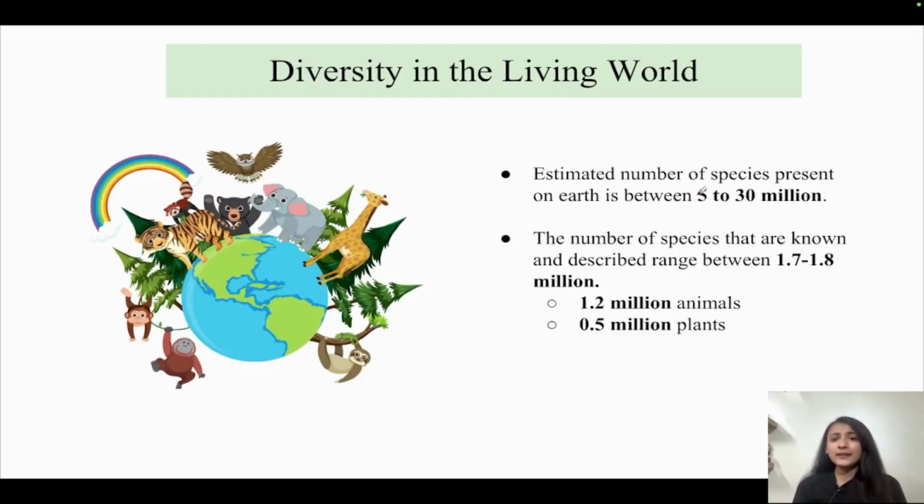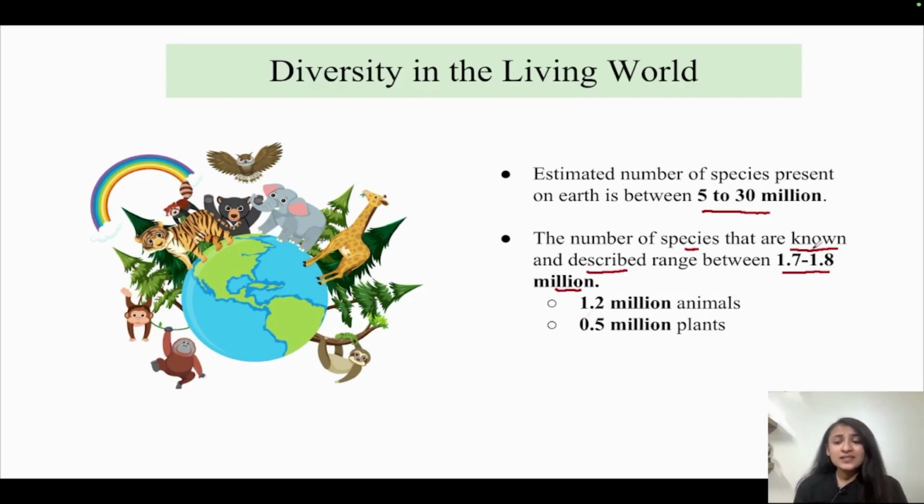Now the estimated number of species present on Earth is between 5 to 30 million. This is the estimated number of species that are thought to be present on Earth. But among these, the species that are known and described, which we have identified, only range between 1.7 to 1.8 million.